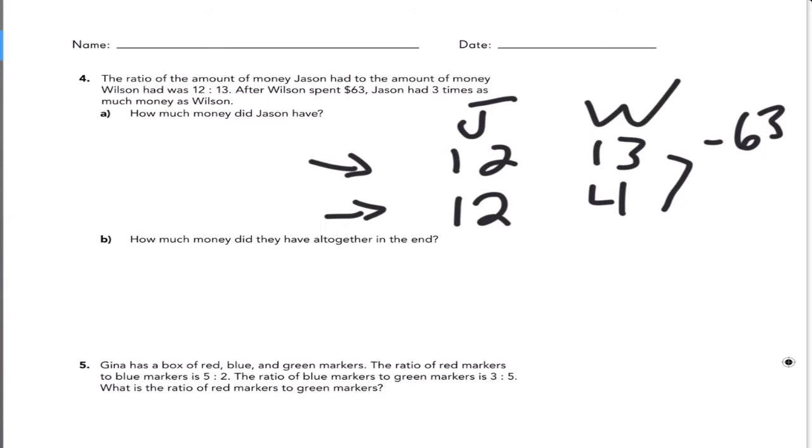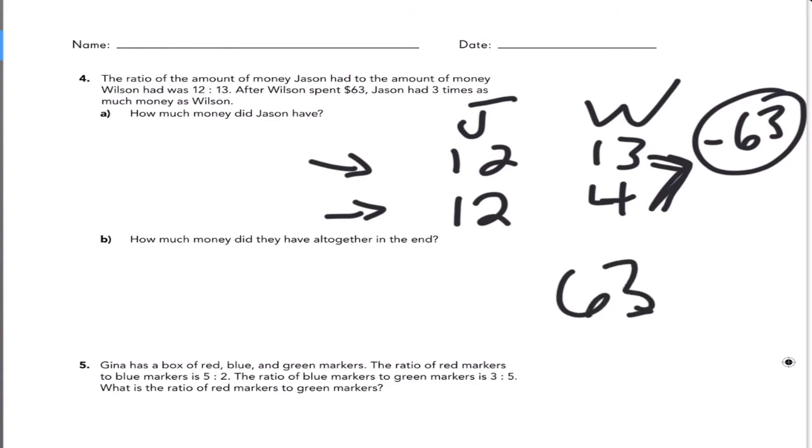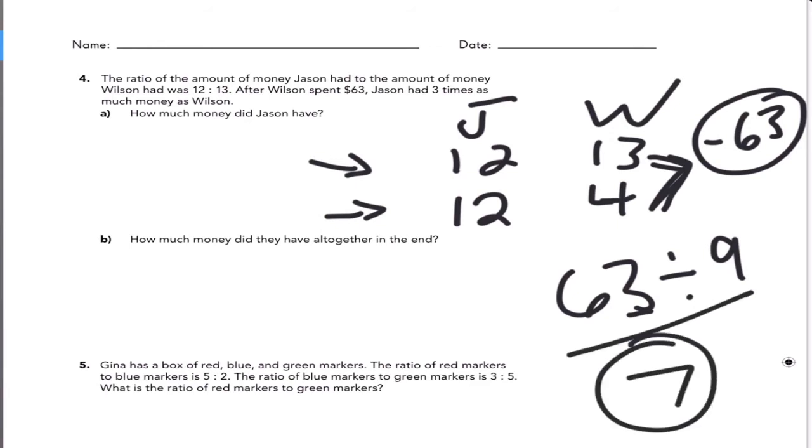So looking at this, that 13 to 4, I need to find the unit right here. So 13 to 4, it goes down by 9. We subtract 9 units from Wilson, because remember, ratios are units. So if it went down 63 and we have 9 units that went down, I divide by 9. When I divide by 9, I get 7. So every single unit is 7.